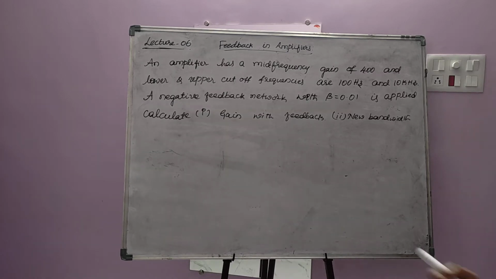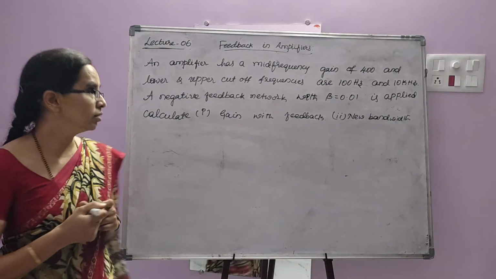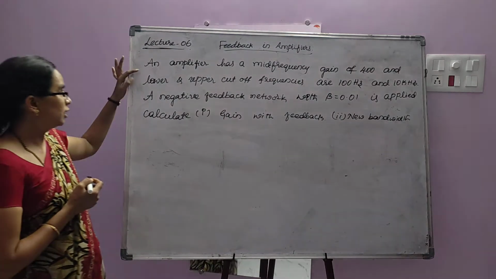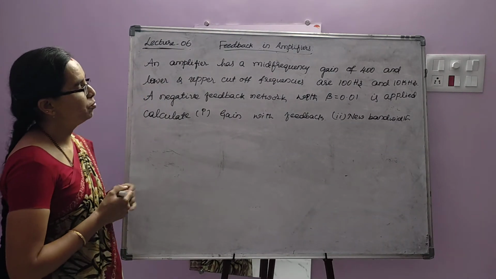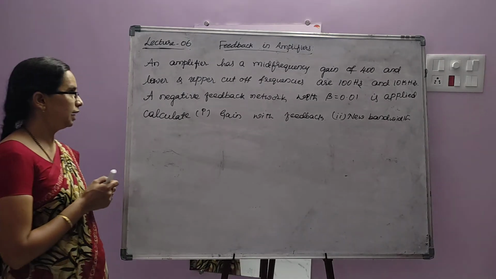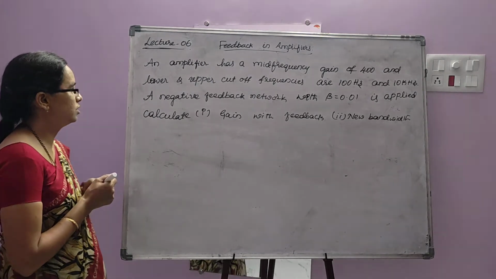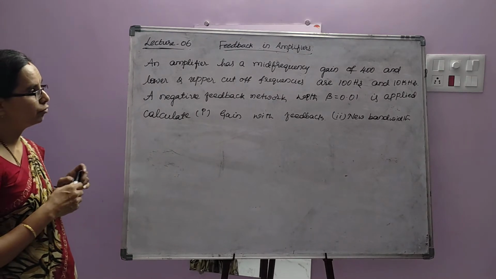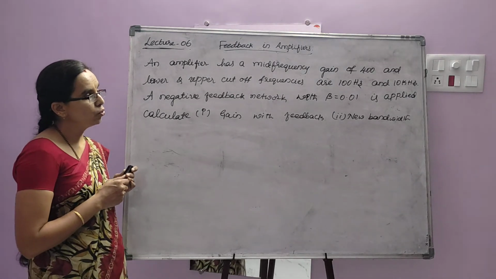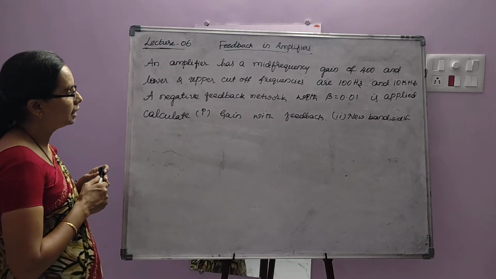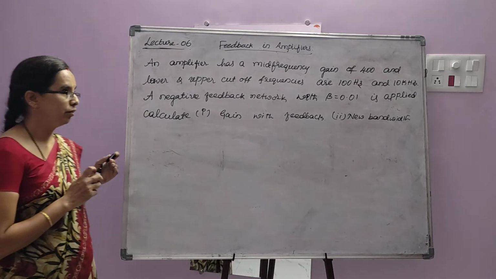Now let's look into the problem on bandwidth. Take a problem. An amplifier has a mid-frequency gain of 400 and lower and upper cutoff frequencies are 100 Hz and 10 kHz. A negative feedback network with beta 0.01 is applied. Calculate gain with feedback and new bandwidth.